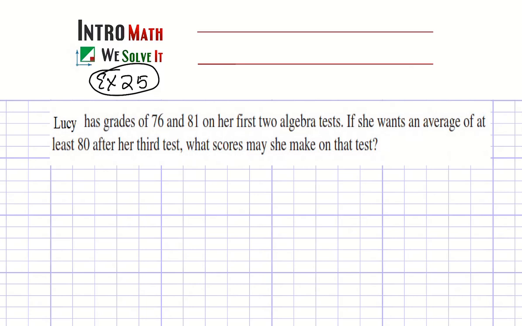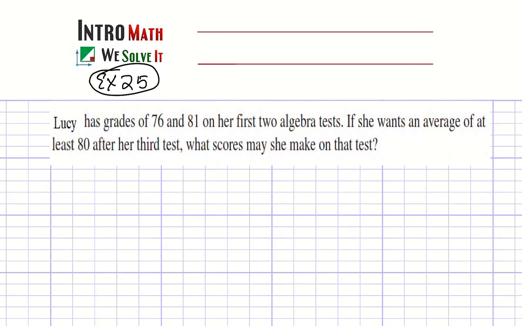Alright, this one says, Lucy has grades of 76 and 81 on her first two algebra tests. If she wants an average of at least 80 after the third test, what score may she make on the third test?